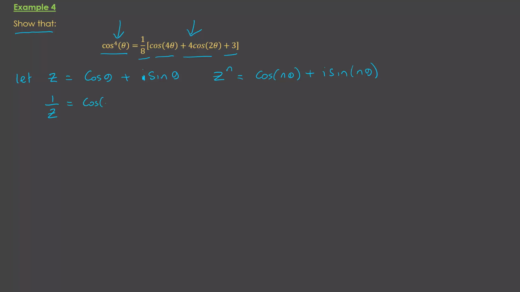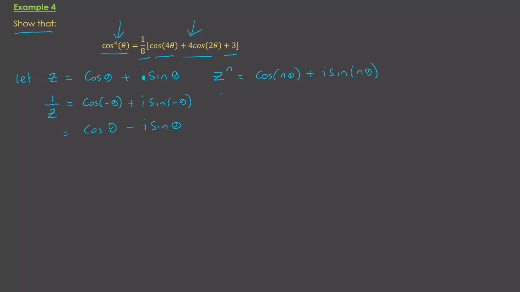That would be cos negative theta plus i sine negative theta. But knowing that the cosine is an even function and the sine is an odd function, which we've talked about before, tells us that this is cos theta take away i sine theta.